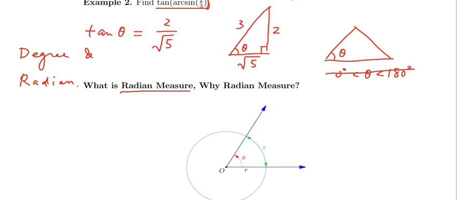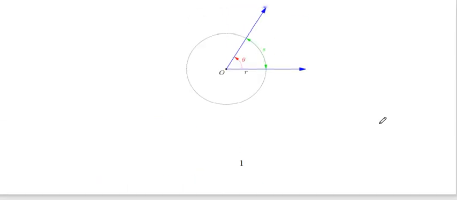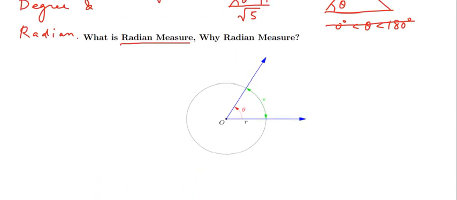What is radian? We say an angle is formed this way. Initial side, we see, right? Then turn the initial side to this position, so we can have an angle.